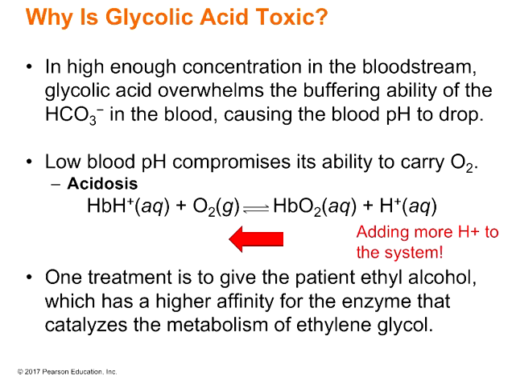Now, glycolic acid is really the problem. If you have a high enough concentration of glycolic acid in your bloodstream, that overwhelms the buffering ability of the blood. And so that's going to cause your blood pH to drop. So your blood is going to become more acidic. Now, what that has an effect on are your oxygen levels.